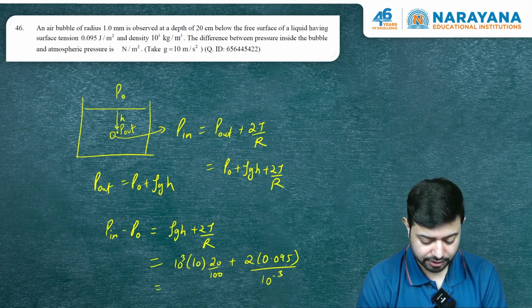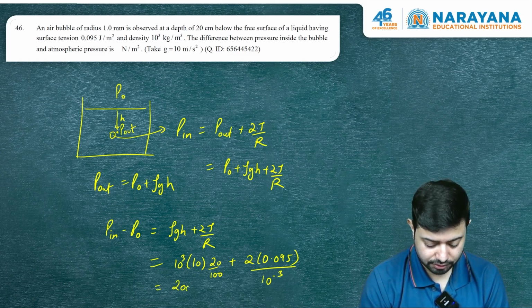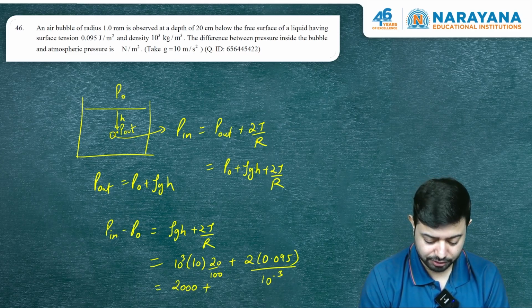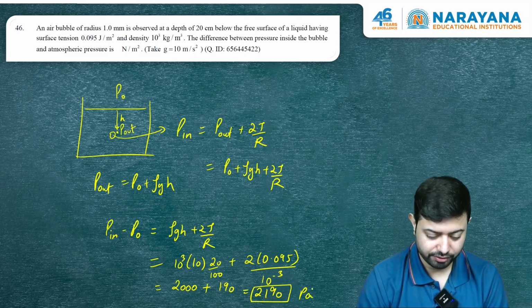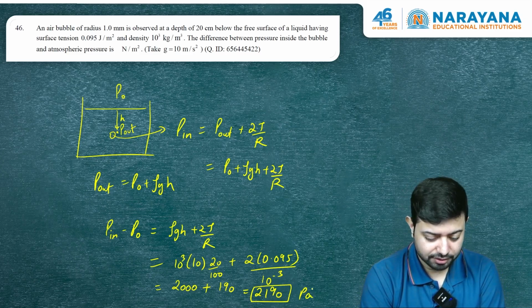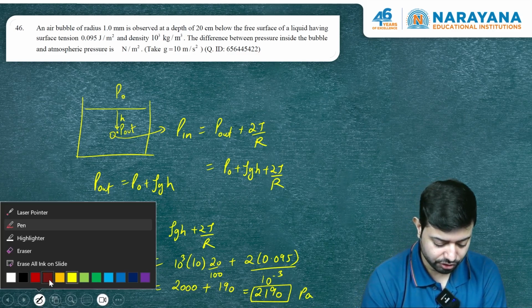This is like 2000 plus 2 into 95, which is 190. So, it is like 2190, and in SI unit it will come in Pascal, because everything we have put here in SI units. So, this is my answer, right. So, the integer will become 2190 for it.